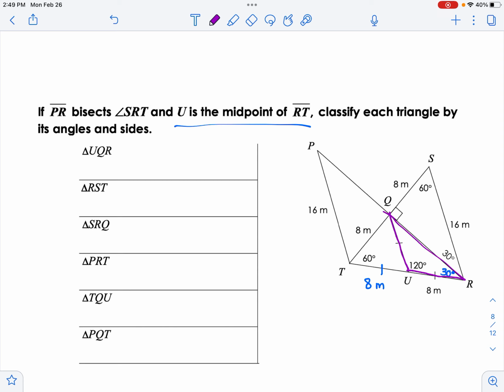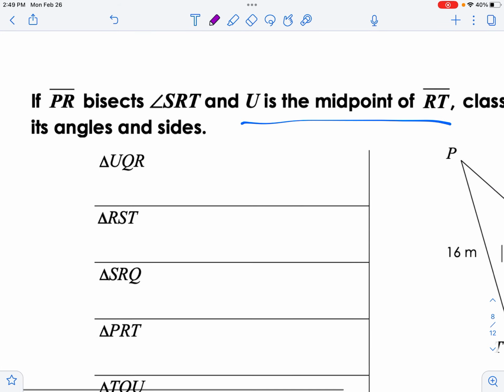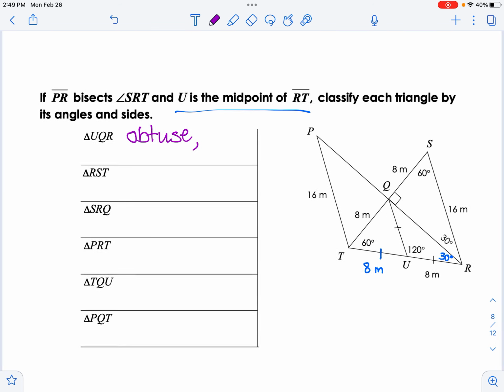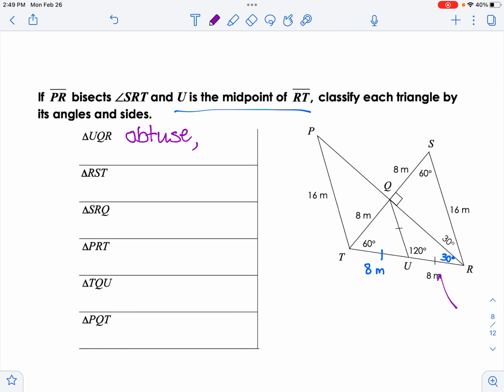Okay, so that is by its angles, I can see I have an obtuse angle of 120 degrees. So it has to be obtuse. By its sides, I can see that this side and this side are the same. So that's isosceles, 2 sides the same.